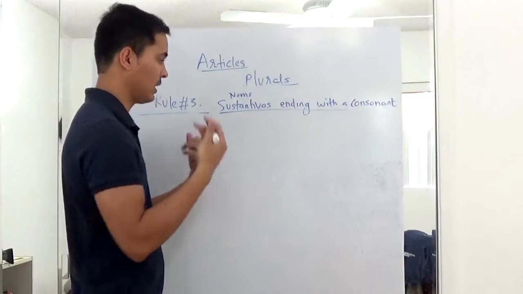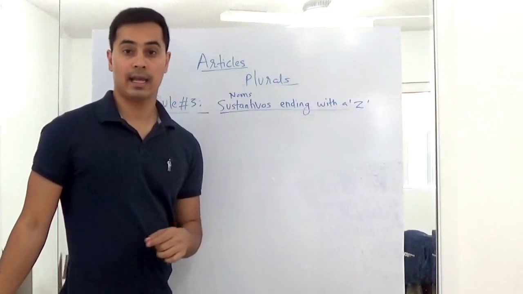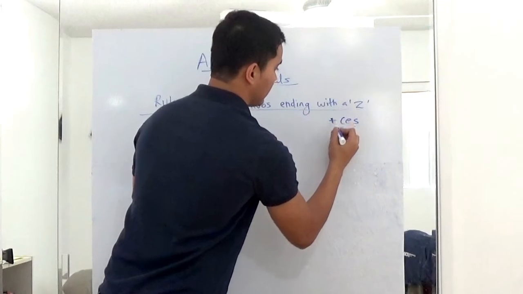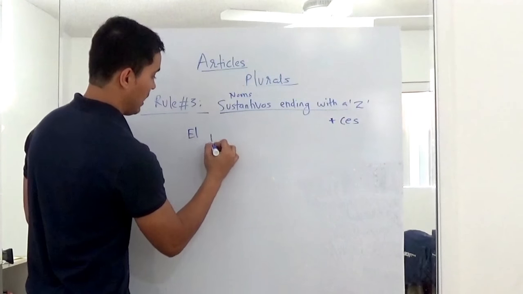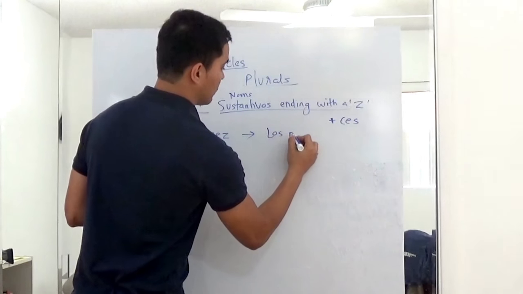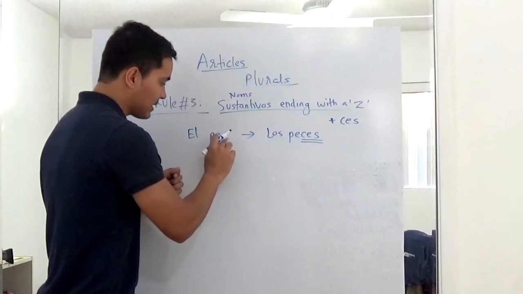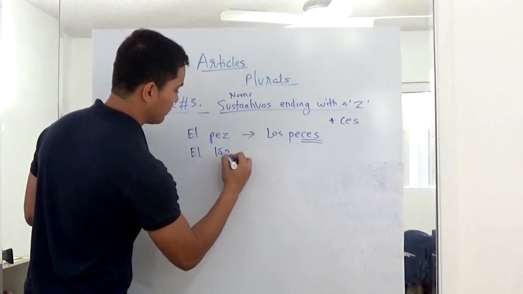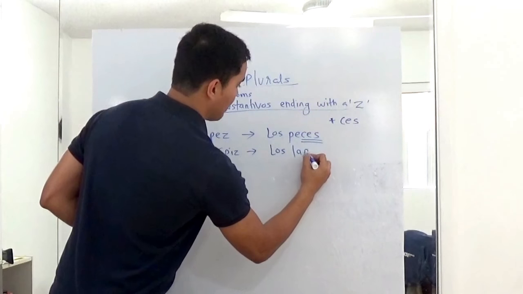Sustantivos or nouns that end with Z. In that case, you have to add CES at the end of the word to make the plural form. For example, el pez, the fish, plural form, los peces. So you added CES instead of Z. We replaced Z with CES to make the plural form. El lápiz, that is the pencil, los lápices.